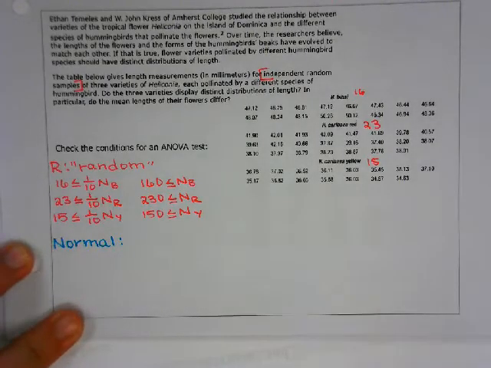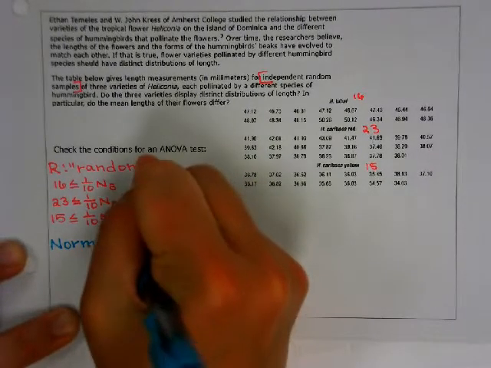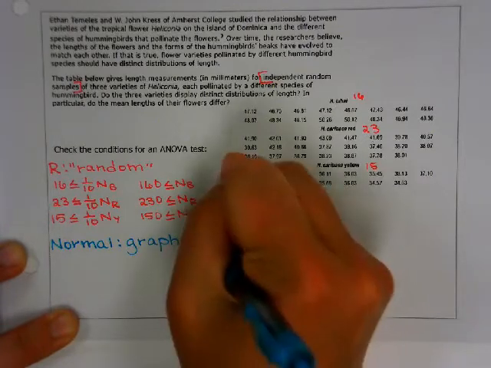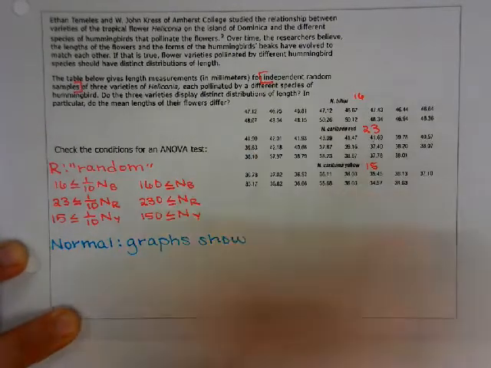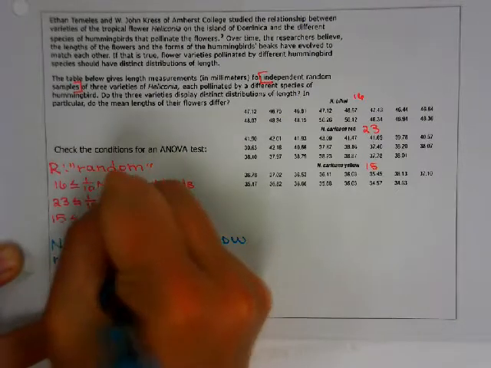No. Graphs show no extreme skewness or outliers. Now, Hannah did ask a good question. On your test, you would want to make a quick sketch if you want full credit.